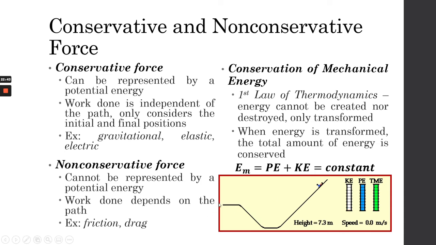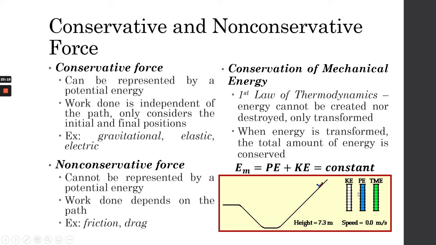You have a car, beginning here, wherein there's less kinetic energy and there's more potential energy. But we know that if the object starts to move faster, and we know that when things fall down or go down, they move much faster. And the faster they are, the higher the kinetic energy. As you can see here, it goes down, it moves faster. So its kinetic energy increased, but its potential energy decreased.